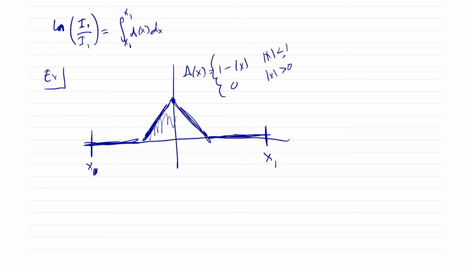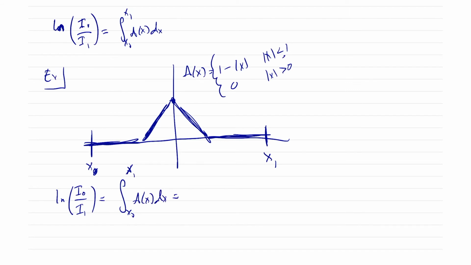And so then basically what we're going to be doing is performing an integral. So then what do we get? The natural log of I naught over I1 is going to be equal to the integral from x naught to x1 of a of x dx.